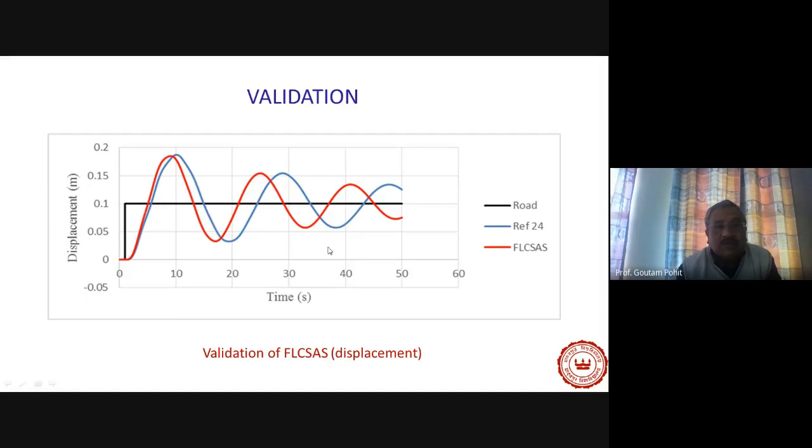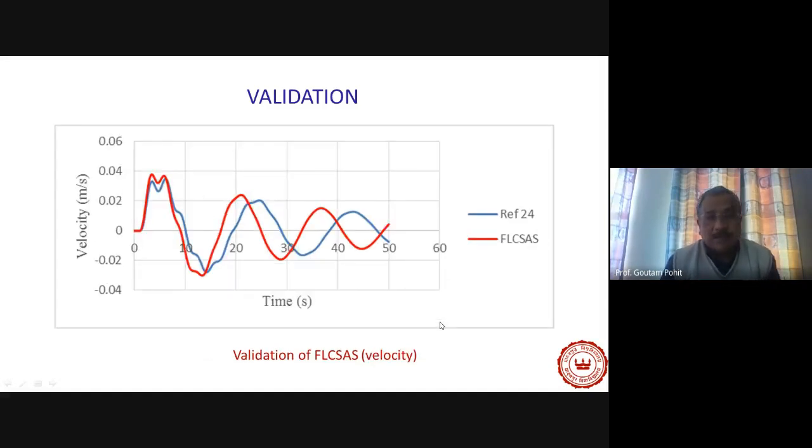This is our response, and if you compare, we find that the nature is almost the same, but in our case, we are coming to the zero position faster than this one. Reference 24, this is the displacement function. This is the velocity.